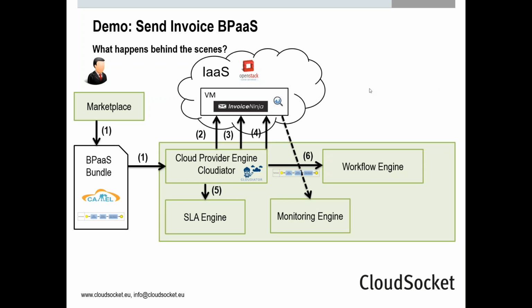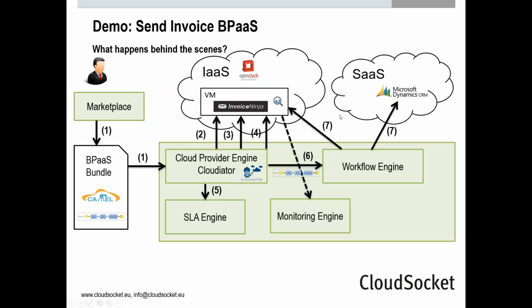As soon as the registration at the workflow engine is done, the workflow engine is capable of communicating with the recently deployed Invoice Ninja, and as well with the CRM system, where the Microsoft Dynamics CRM is used for this bundle.